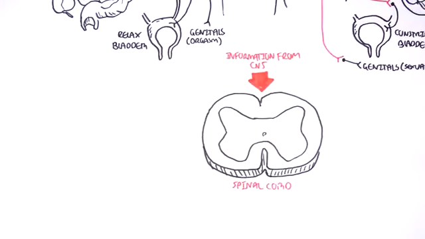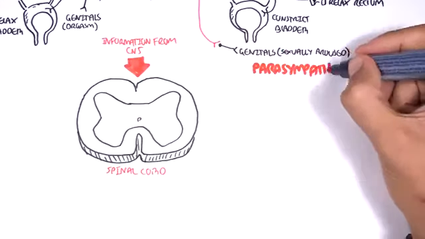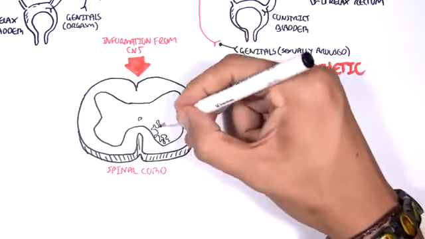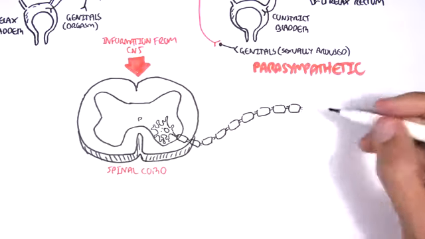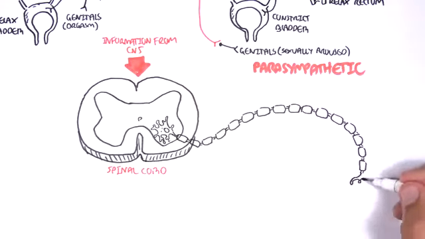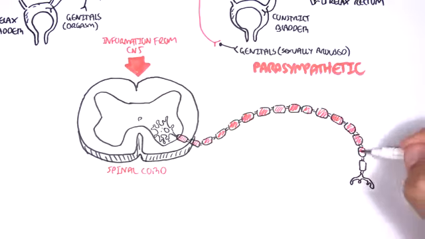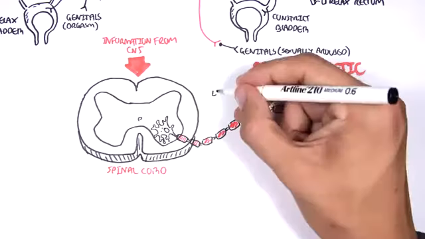Information from the central nervous system comes down and transfers to a preganglionic neuron, which in the parasympathetic nervous system's case is a lightly myelinated neuron, which is quite long.